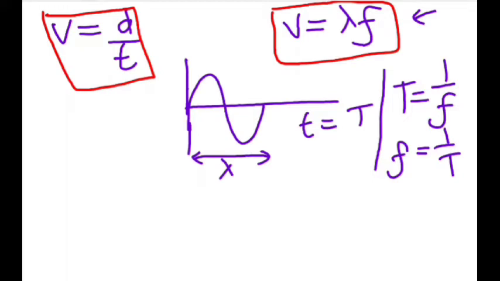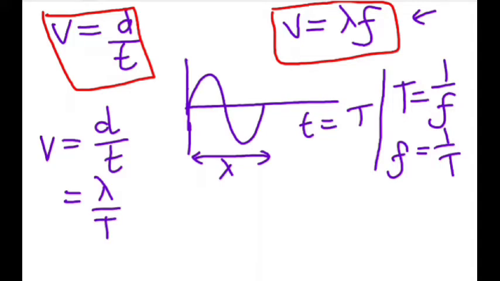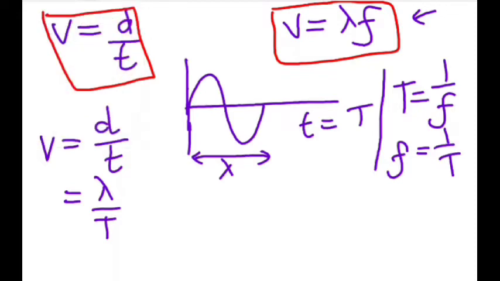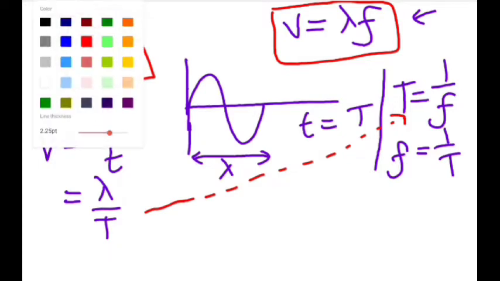Let's say I wanted to get the speed of this wave. I will just say speed equals distance over time. What is the distance traveled by this wave? It is lambda. What is the time taken for one wave to travel? It is the period. But I also remember that the period equals 1 over f.